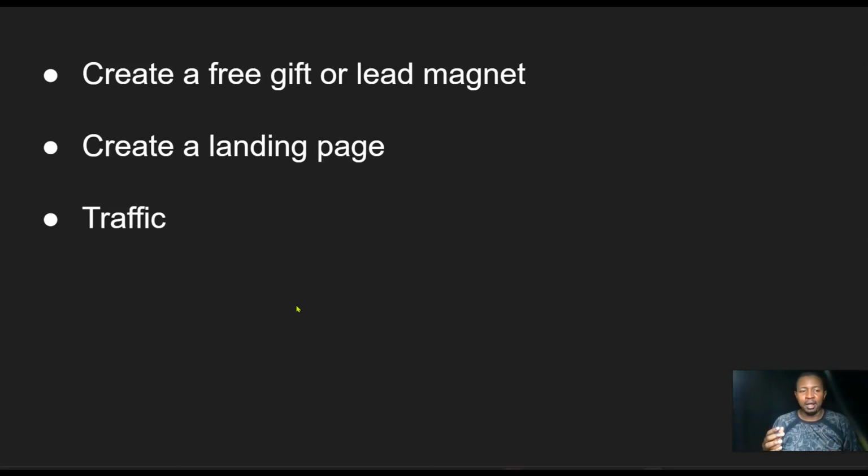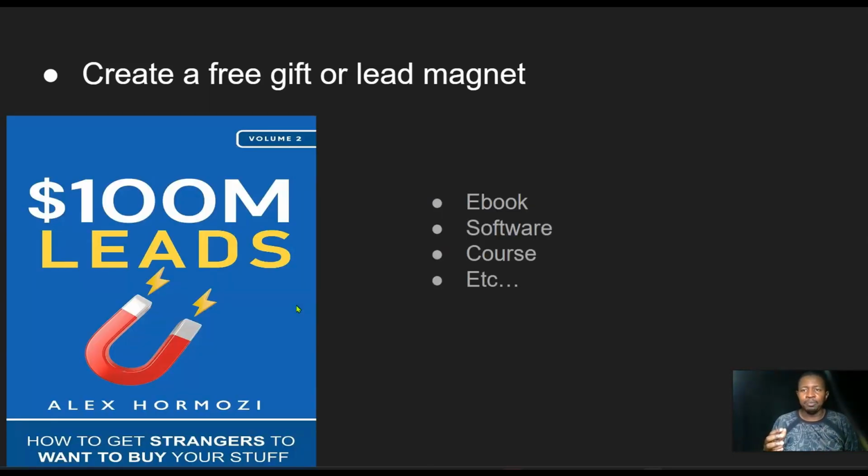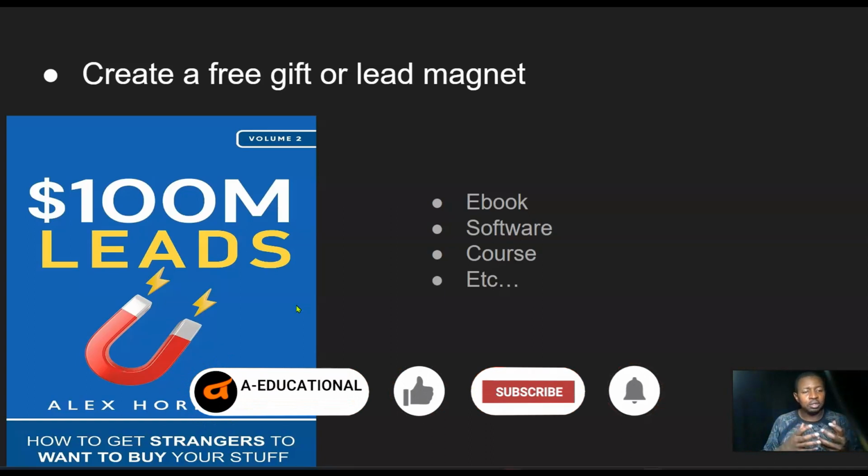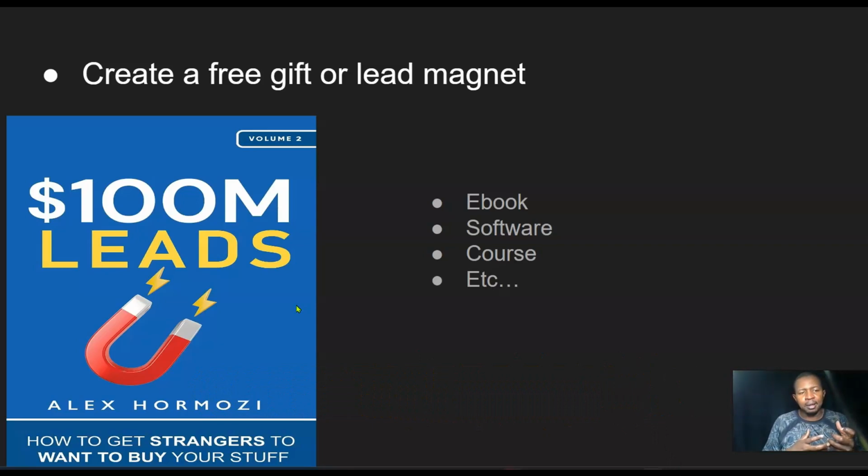So let's get started. Like I have highlighted before, a free gift or lead magnet is something that we give away in exchange for email addresses, right? It can be an ebook, software, courses, or services that they can offer, of value, in exchange for people's email addresses.